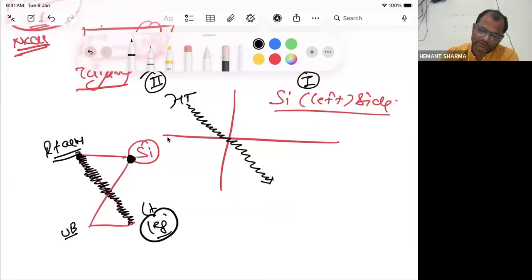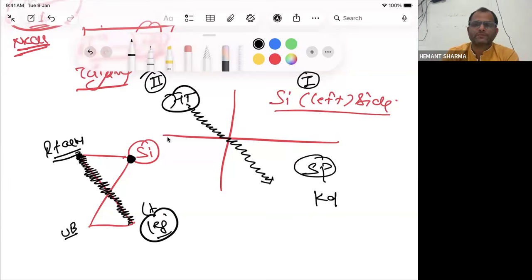Some people said spleen and some people said kidney. Let me write both, and we will check which will work better. Because definitely the heart can be balanced by the spleen, but the heart can be balanced by the kidney also. So there are two options we have chosen.